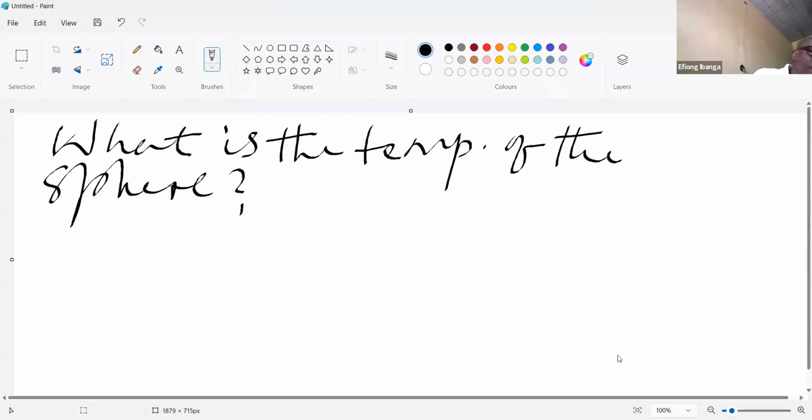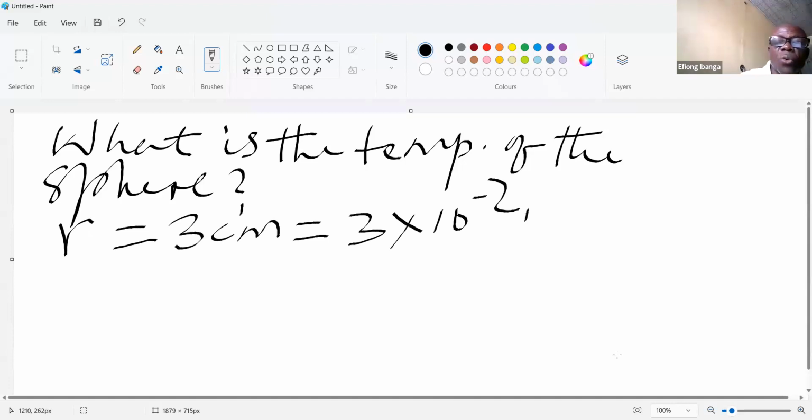We have been given, you write what you have been given here. We have been given the radius, 3 cm, which is 3 times 10 to the minus 2 meters. All right.